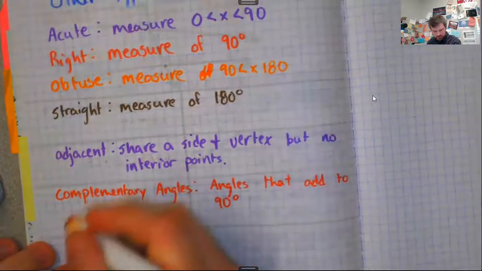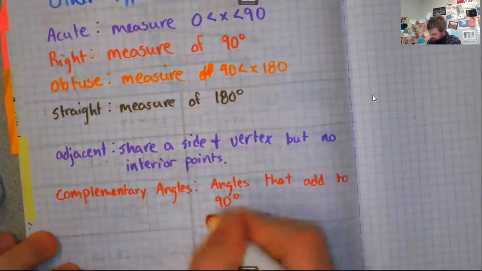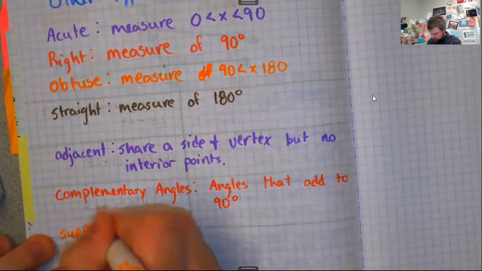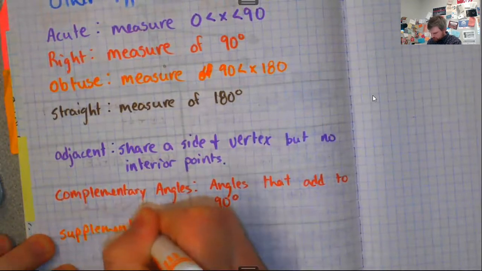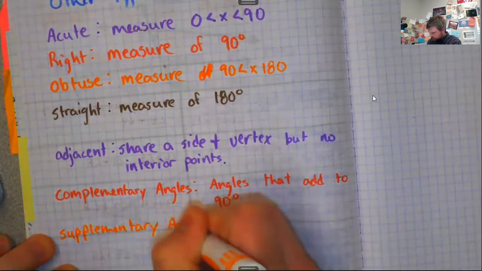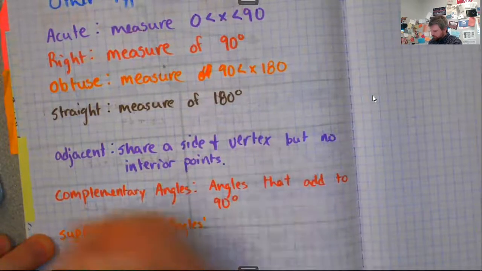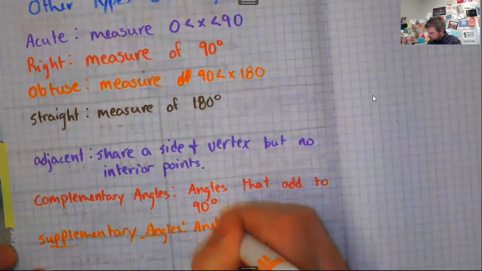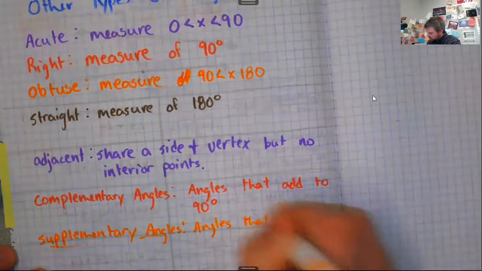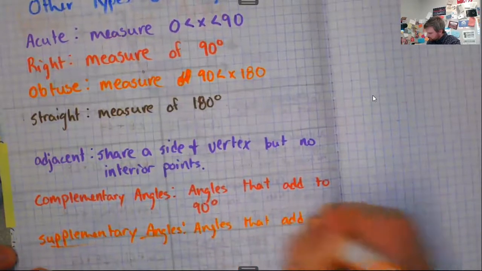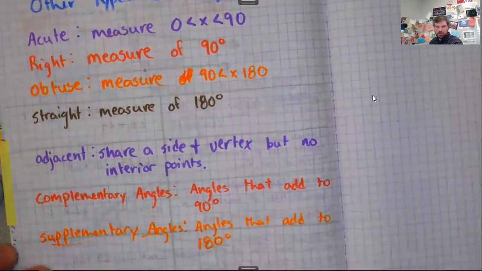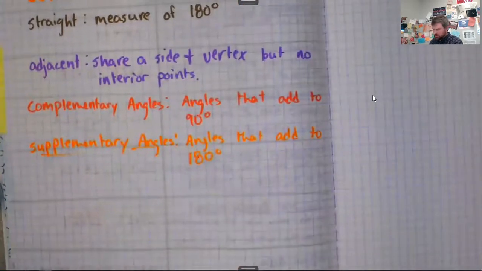We have supplementary. These are angles that add to 180. So 2 angles that add up to 180 degrees.